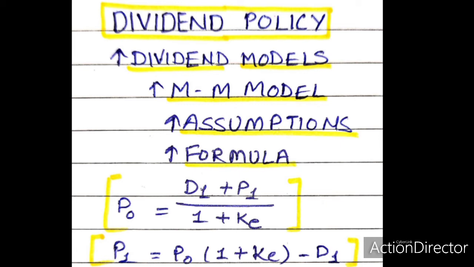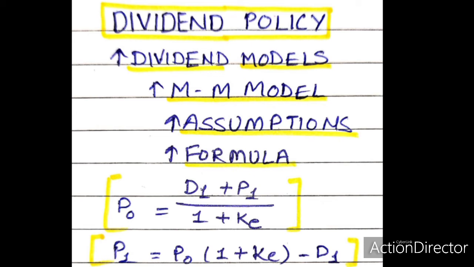There exist taxes with different rates for different types of income. For example, the tax rates for dividend income and capital gains differ. Number 3, presence of flotation costs. There are flotation costs and transaction costs involved in equity issues. The MM assumption of non-existence of flotation and transaction costs is not true.